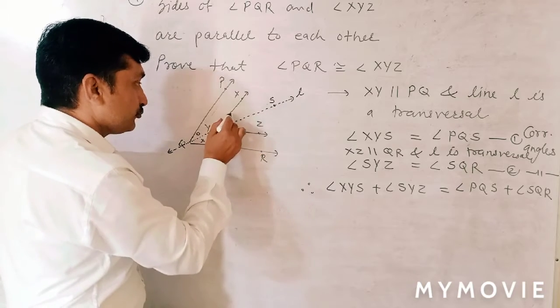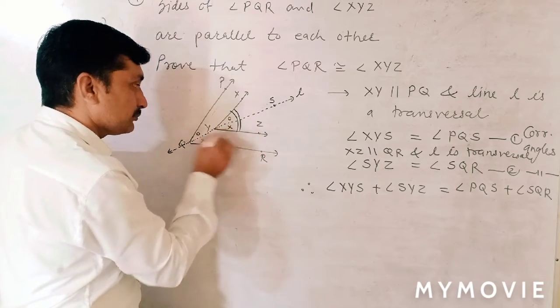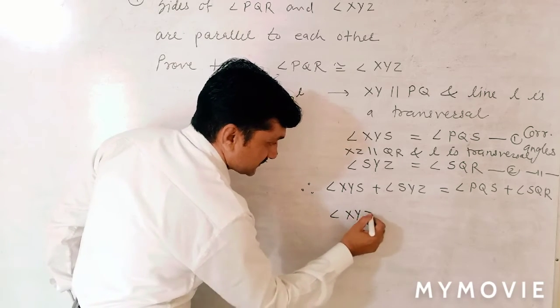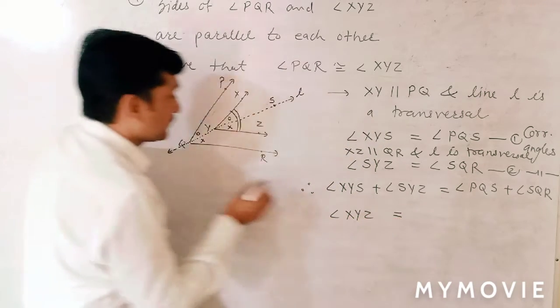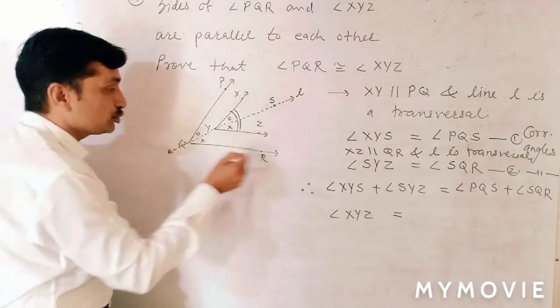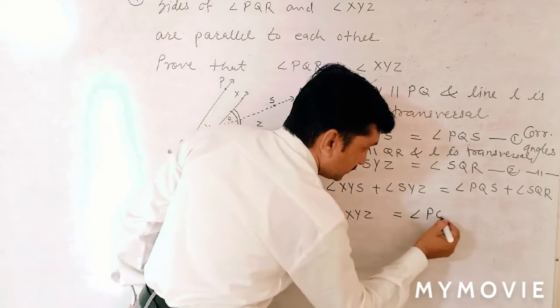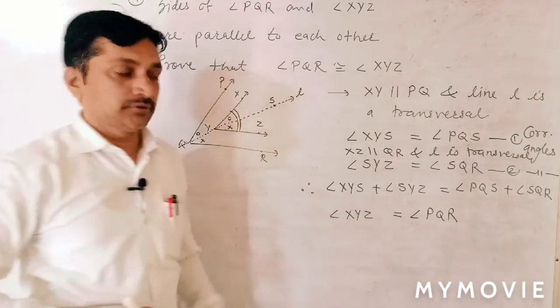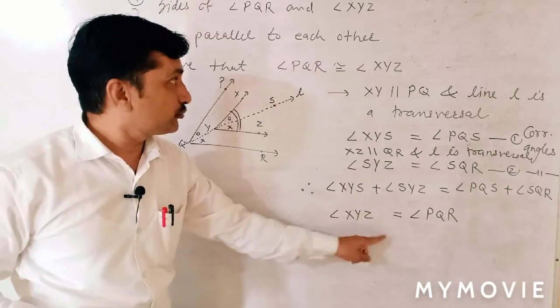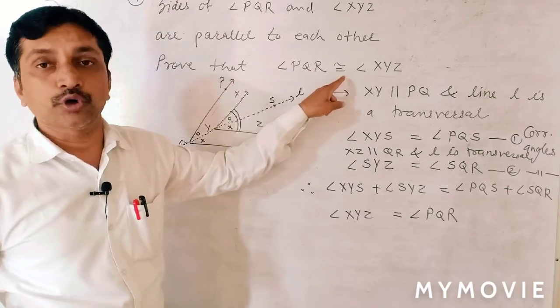Adding XYS and SYZ, we get angle XYZ. And by adding PQS plus SQR, we get angle PQR.